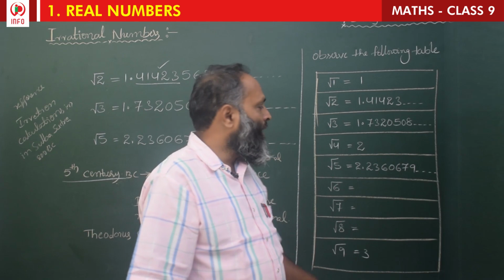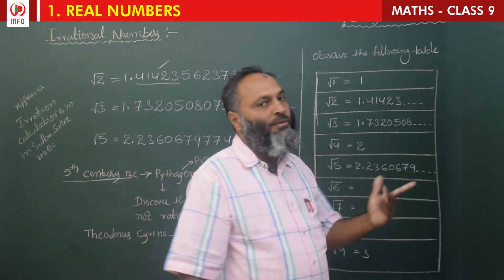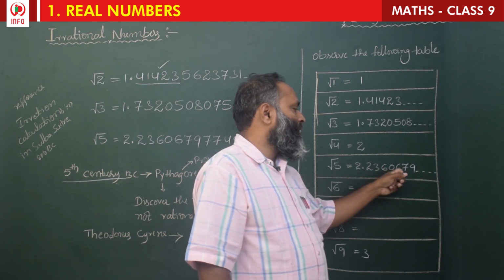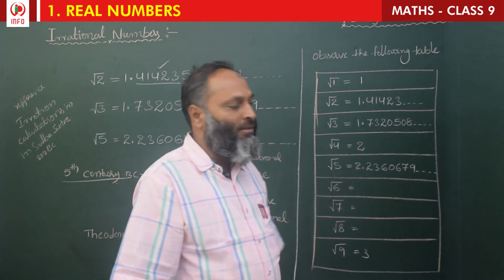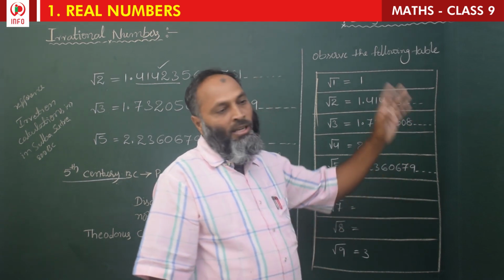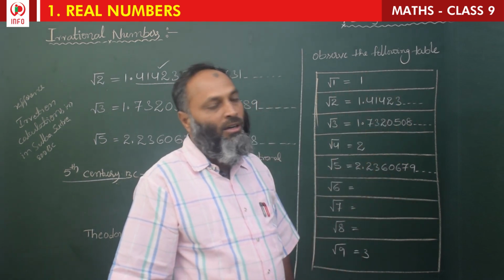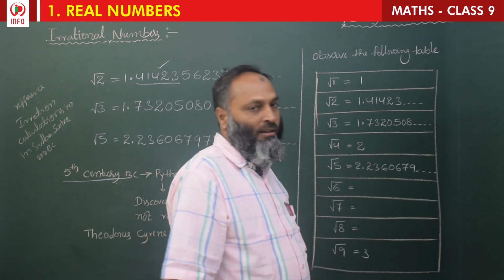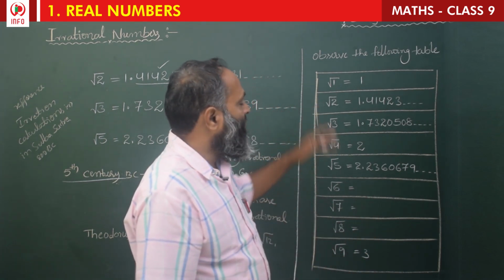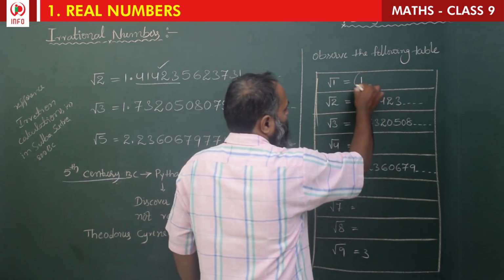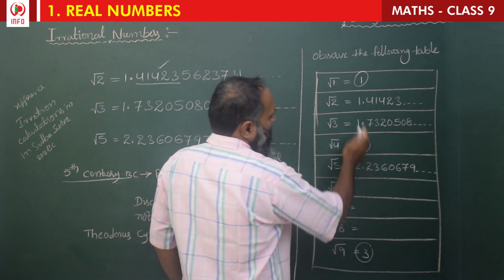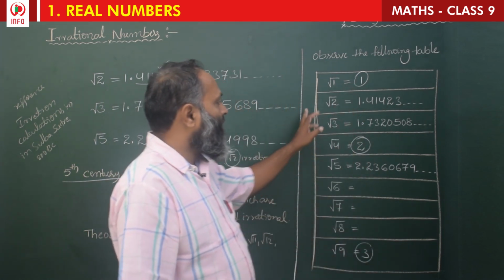Square root 4 is 2, as 2 twos are 4. Square root 5 is 2.2360679 and so on. Square root 6, square root 7, square root 8 also give decimals that continue infinitely. Square root 9 is 3, as 3 threes are 9. In this chart, square root 1 is 1, square root 4 is 2, and square root 9 is 3. These three are rational numbers, the others are irrational numbers.